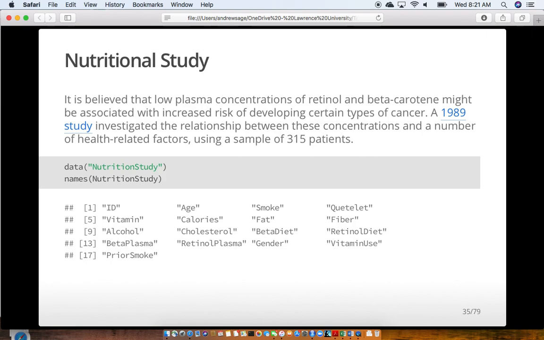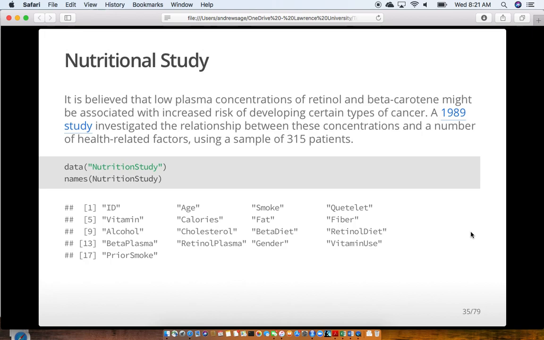To study this, researchers collected data on 315 patients who had undergone operations within a recent time period and collected information on a number of health-related factors of those patients.